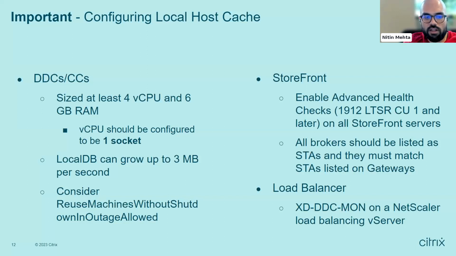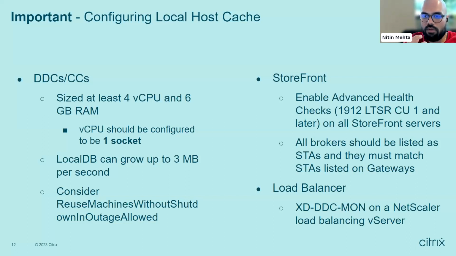What we are trying to say with this setting is for pooled machines, if you have this flag on reuse machines without shutdown, that means the second user who gets that pooled machine won't get a fresh copy of the desktop.